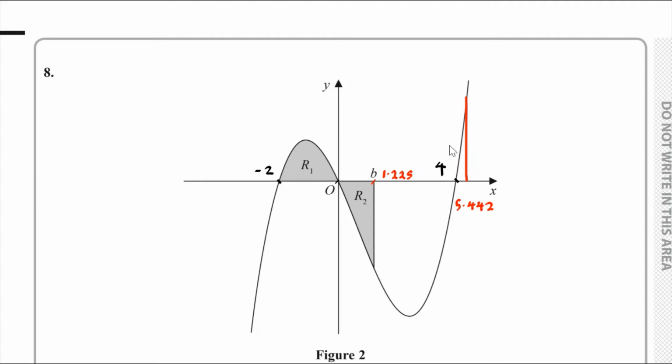Okay? And for that to happen, the area above the x-axis must be equal to the area below the x-axis. So if instead we have b equaling 5.442, we have this bit over here. Okay, this bit here is equal to what we have over here.